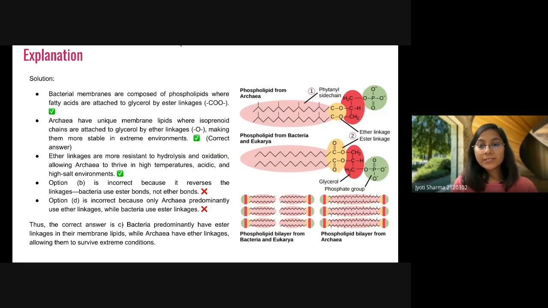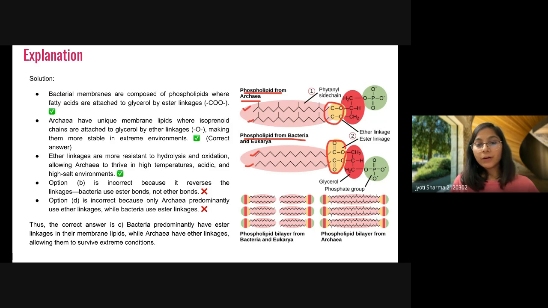Okay, so just see in the figure. Here we have the phospholipid from bacteria and from archaea. This is the single chain, and we have the branched chain here of the phospholipid. But the thing we have to see is this one. This is the ester linkage and this is the ether linkage.